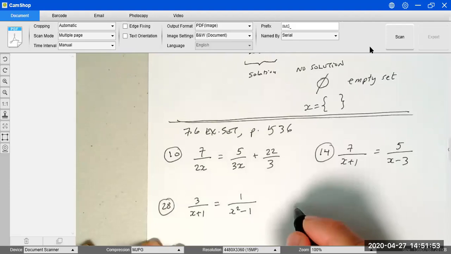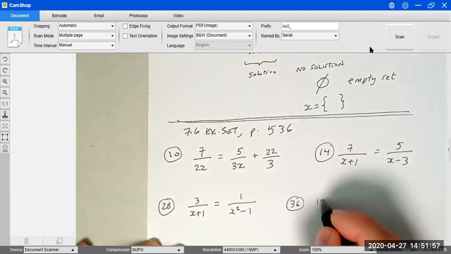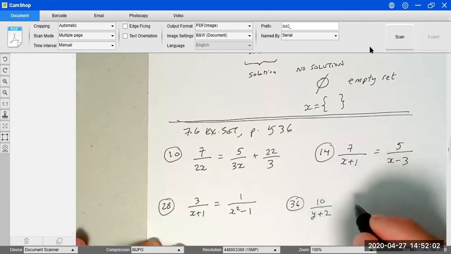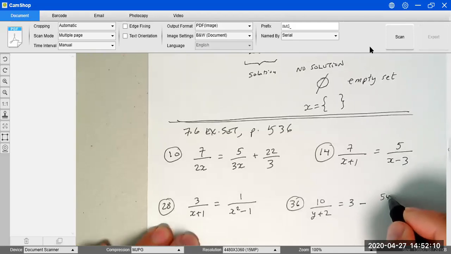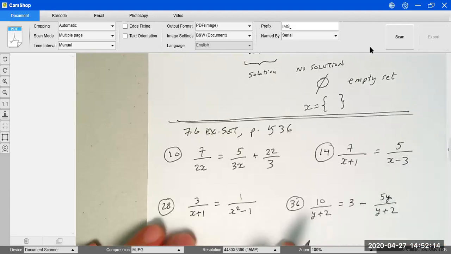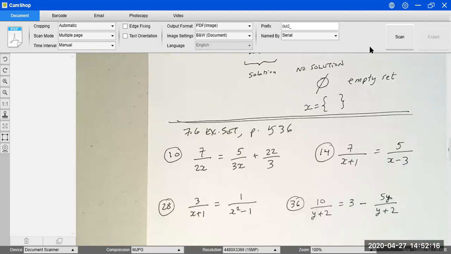And finally problem 36, 10 over y plus 2 equals 3 minus 5y over y plus 2. So there are 4 problems here.